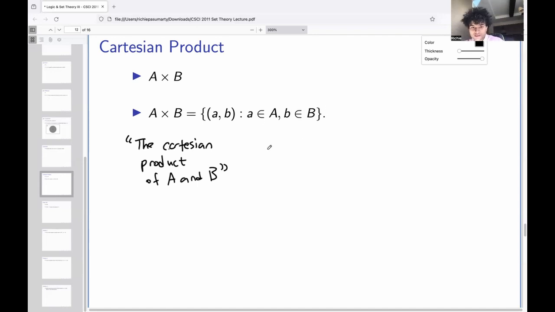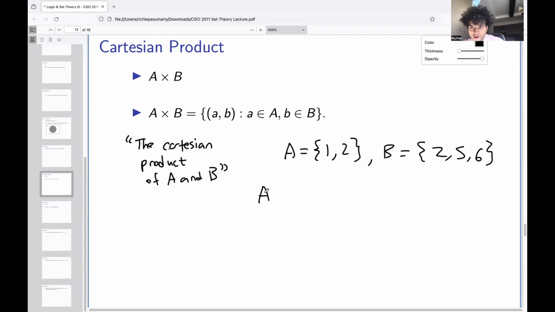Okay, so let's go through an example. Let's say that A is the set {1, 2}, and B is the set {2, 5, 6}.